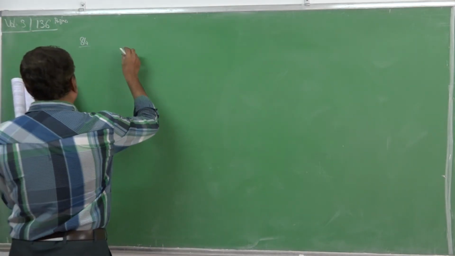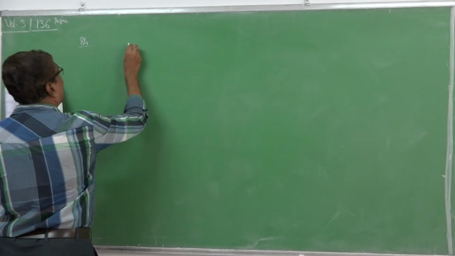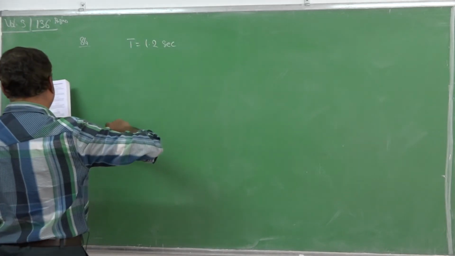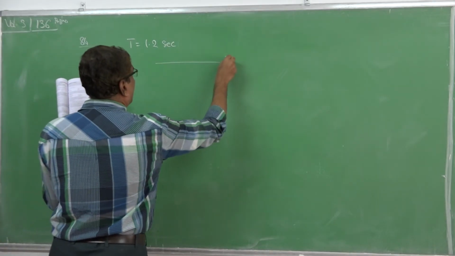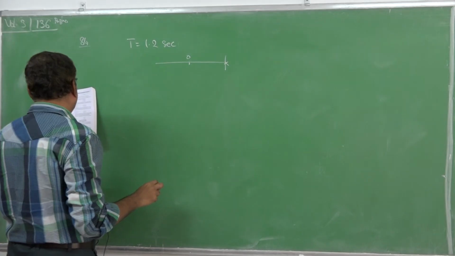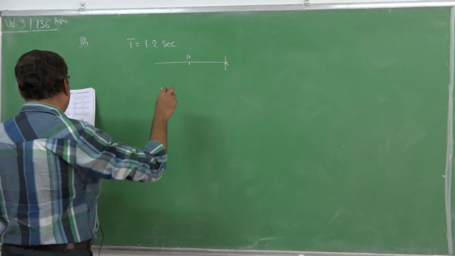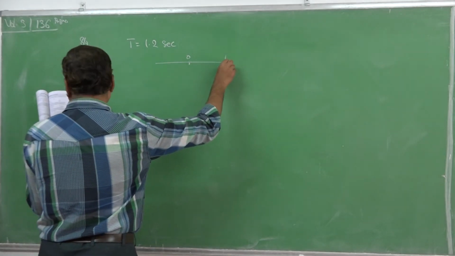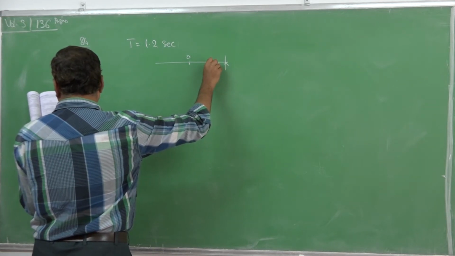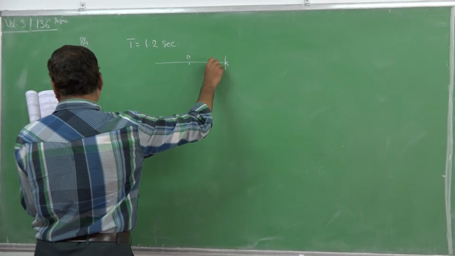Okay. Given the time period of oscillation of that particular body is 1.2 second. It starts from extreme position. Suppose this is mean position. The time starting from extreme position, its velocity will be half that of its velocity at mean position.